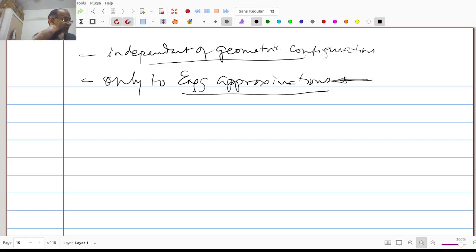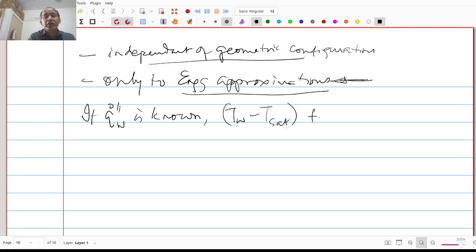So let us understand this. So if q̇_wall is known, then this equation gives T_wall minus T_sat from Rosenau, which is within about 25% of experimental data.